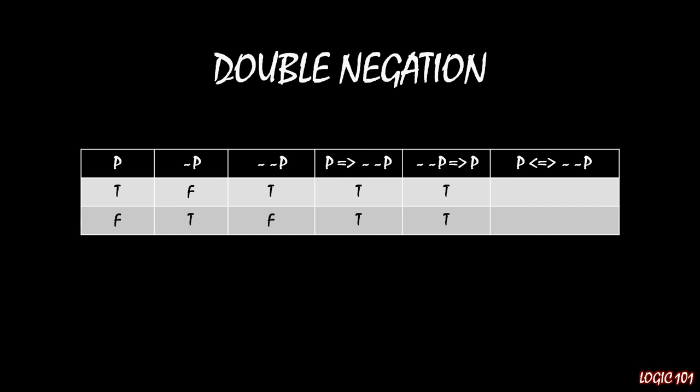And then if you take the conjunction of columns 4 and 5, essentially conjoining the two implications, that's what the biconditional is. Well, it's always true in both of those columns, so we get always true in the last column. So what that is saying here is that P is in fact equal to not not P. And going forward, when we're doing this, I'm going to cut out these extra steps of looking at the biconditional and looking at two implications and combining it into that biconditional.